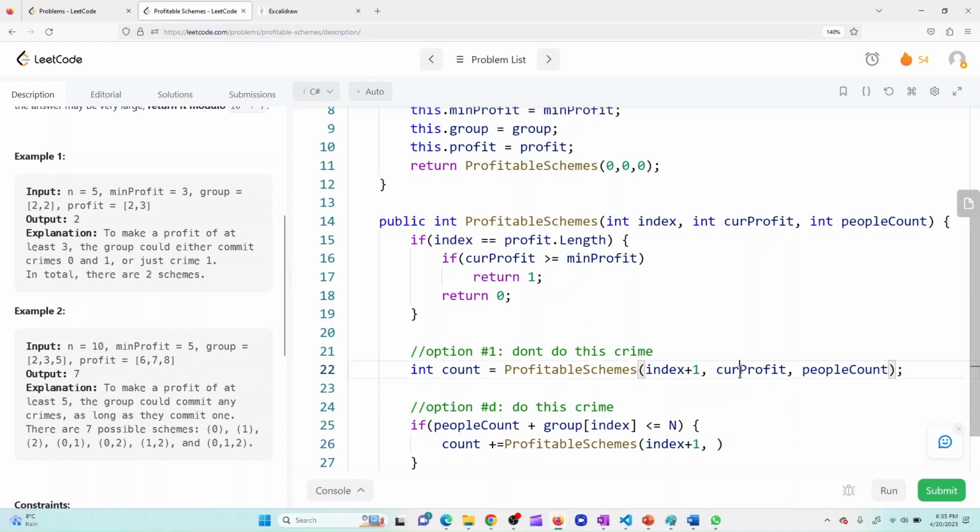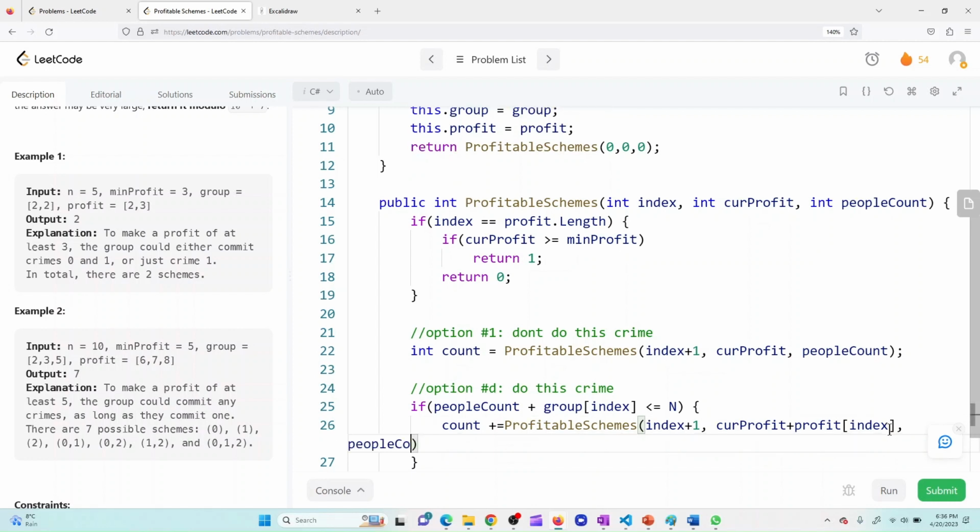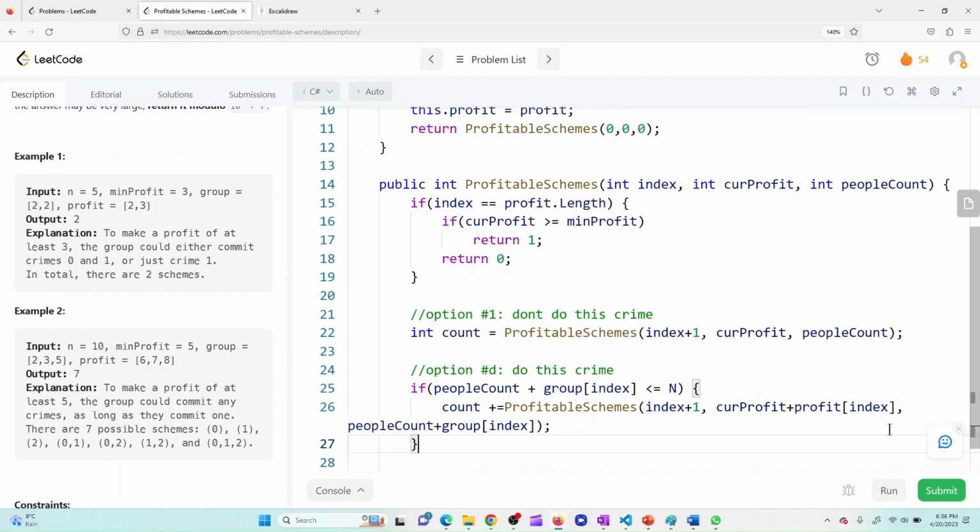My profit has changed, so now I have made a profit of current profit plus profit of index. And I have used some people to do this crime, so I cannot use them in future. So people count plus group of index, right?